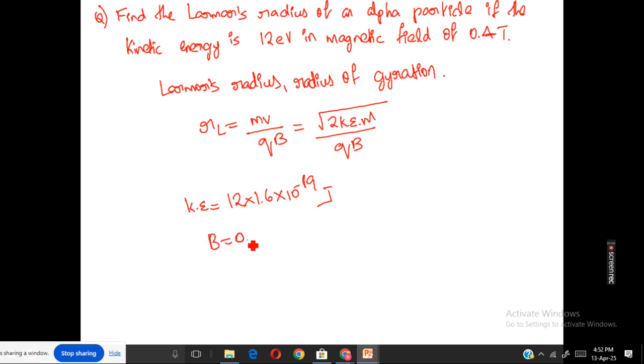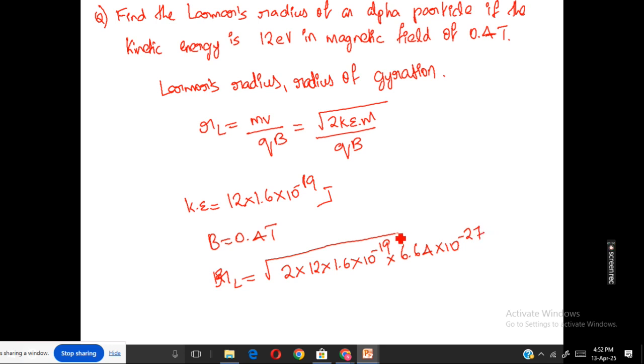Magnetic field B is given as 0.4 Tesla. Find the Larmor radius is the question. So RL will be root of 2 into 12 into 1.6 into 10 raised to minus 19 into m, which is 6.64 into 10 raised to minus 27, divided by q, which is 1.6 into 10 raised to minus 19, into B, 0.4.